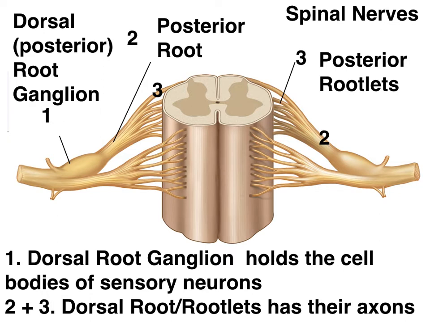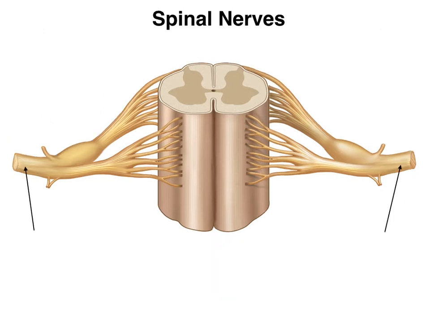Now, if we move laterally, you can see that the rootlets connect to roots, and then on the posterior, there's the dorsal root ganglia. Both those roots, anterior or dorsal, I should say ventral or dorsal, or anterior or posterior, they all combine into the complete spinal nerve.